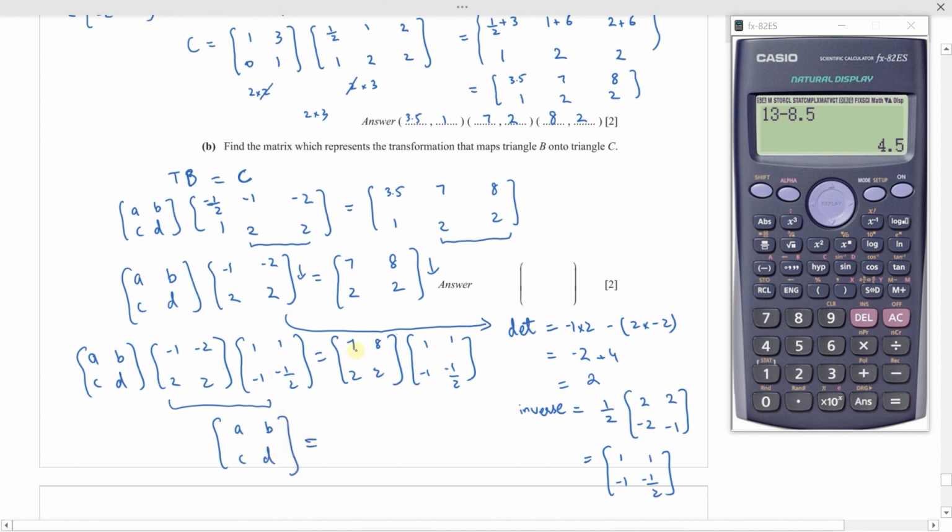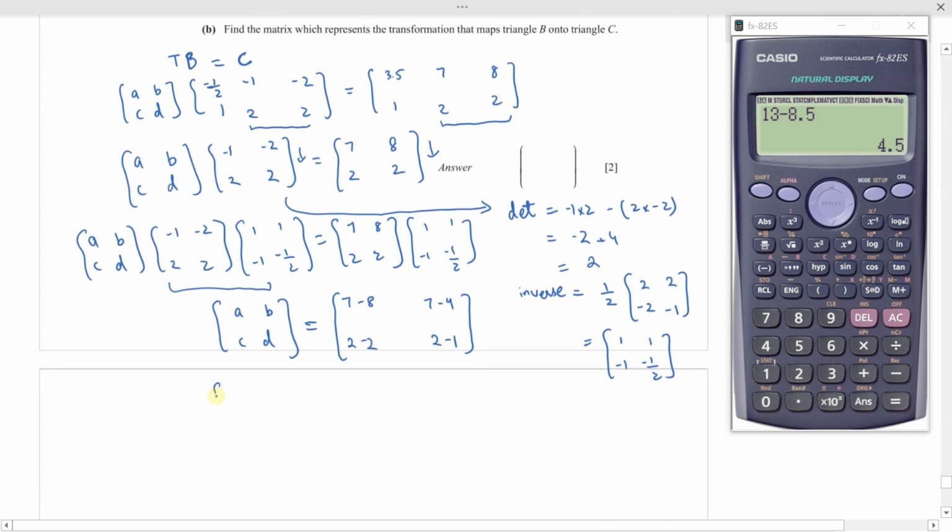And then we can do the multiplication here. This row multiplied by this column will be 7 times 1 is 7, minus 8. This row multiplied by this column: 8 into -1/2 will be -4. 2 minus 2, and then 2 minus 1.